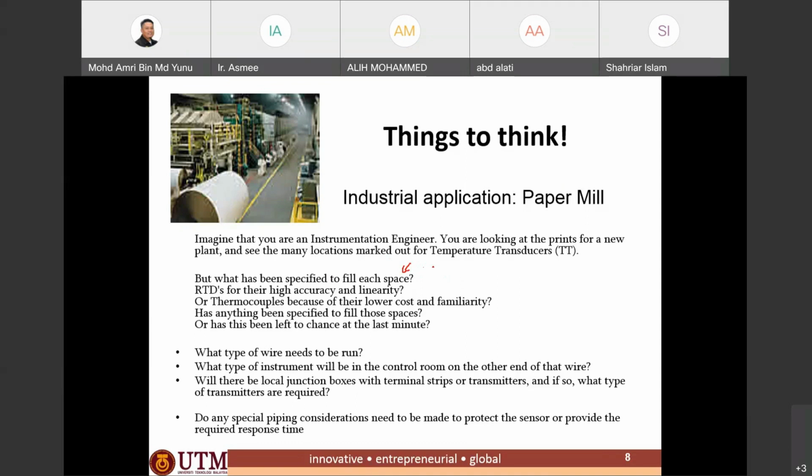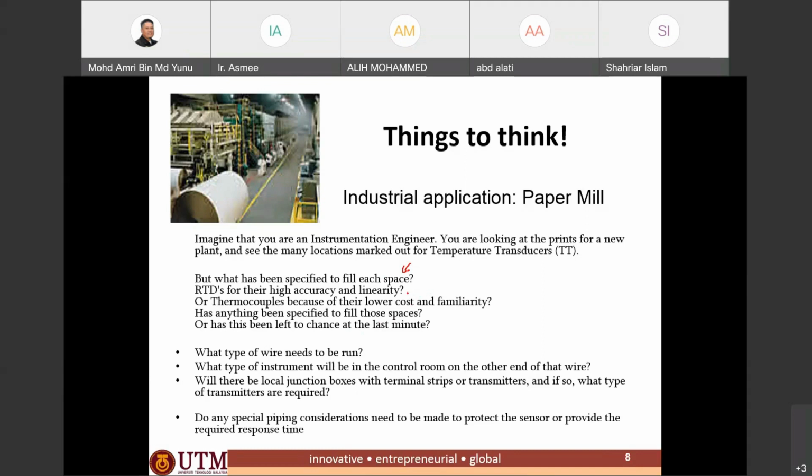Remember in the last lecture we discussed the installation type, intrusive, non-intrusive, and also whether you can use a large or small dimension. I think all this has been discussed in the last lesson.